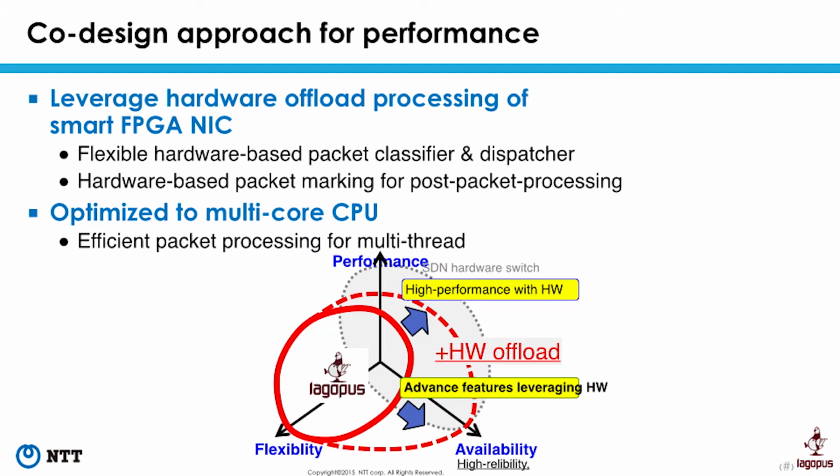And we enhanced the hardware-based packet marking for the post-processing. That sometimes allows us to reduce the size of the lookup tree, which means we can perform flow lookup compaction.